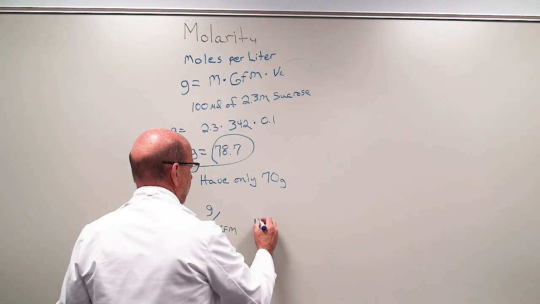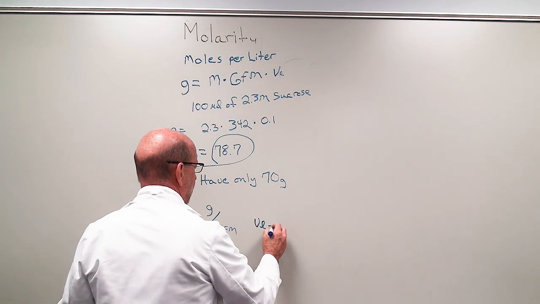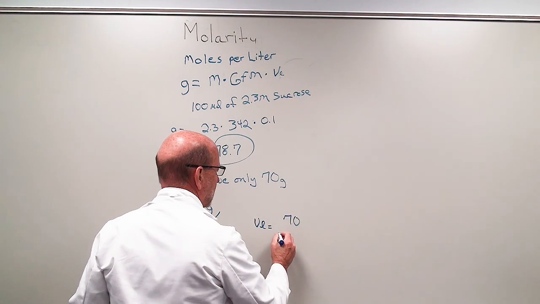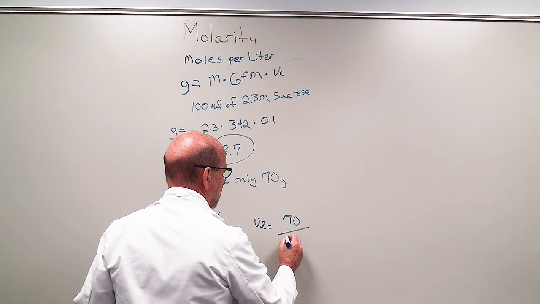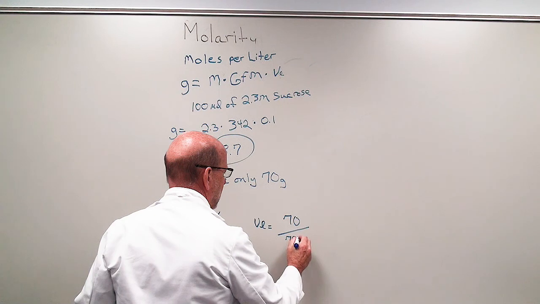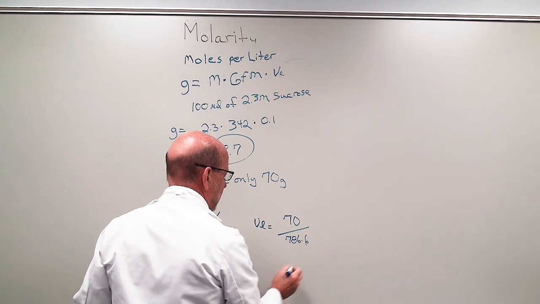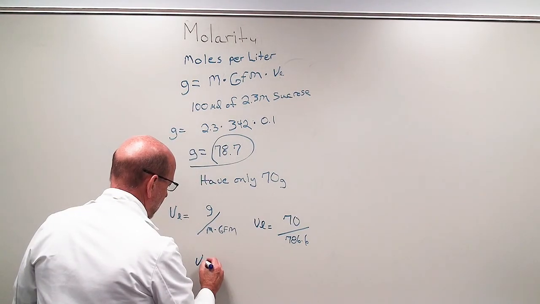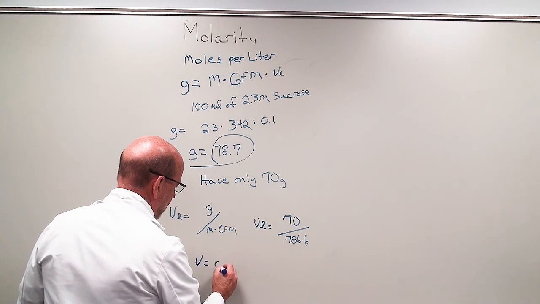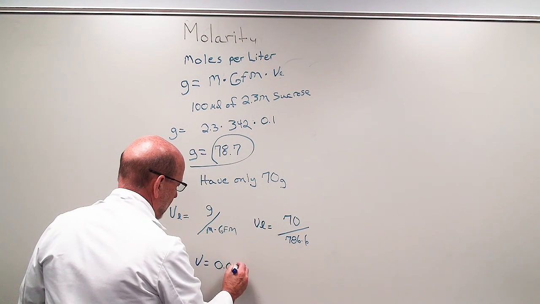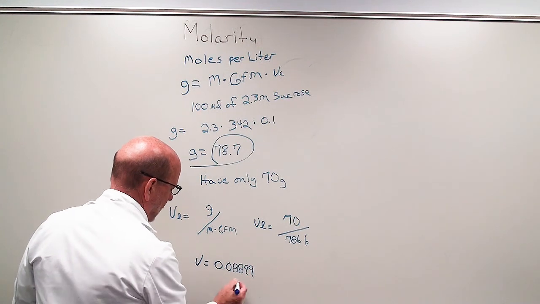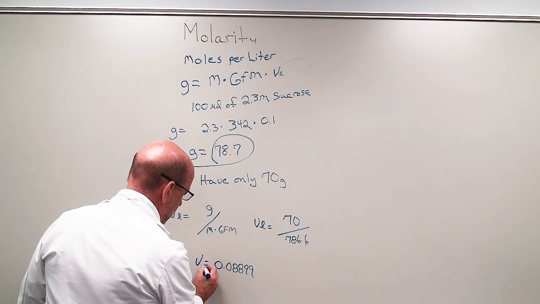So when I take that and calculate it, the volume that I'm going to be able to make is not going to be the 100 mLs. It's 70 divided by the gram formula mass times the molarity, and that turns out to be 0.088. Now we have to remember that that is in liters.